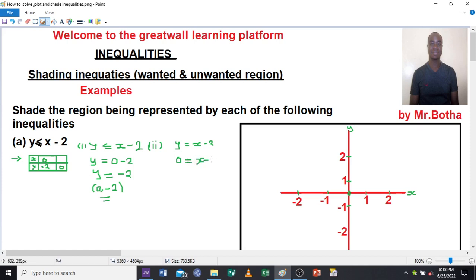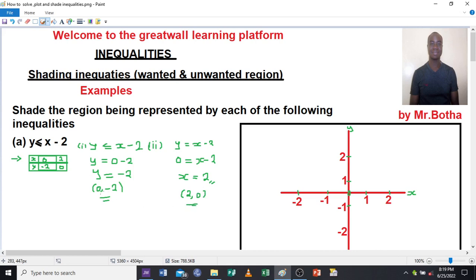We can see that the value of x is going to be nothing but +2. So you can insert 2 there. Good. So the point we have here is, if x is 2, then y should be 0. So we have these two coordinates.